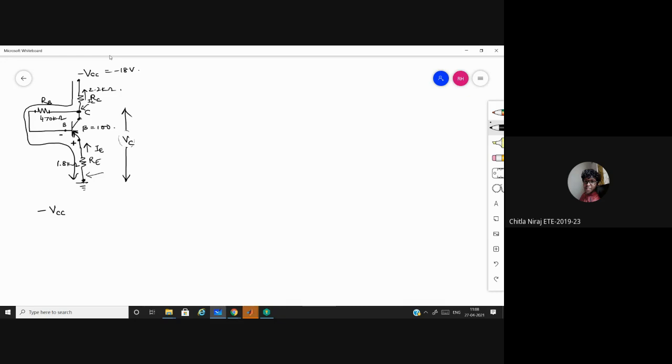So plus RC into IB plus IC, plus RB into IB, coming here plus VBE, plus RE into IE is equal to 0. This is the equation we are having.